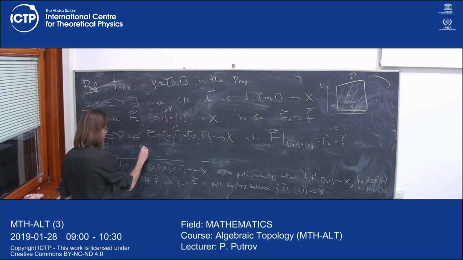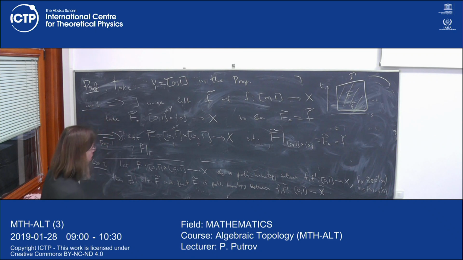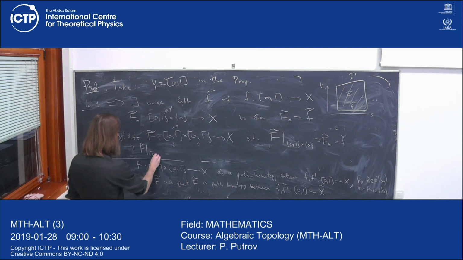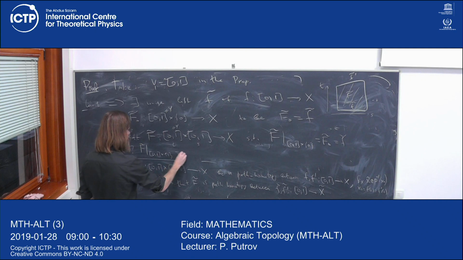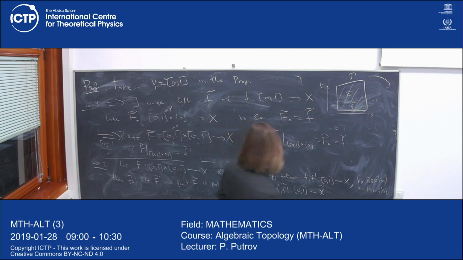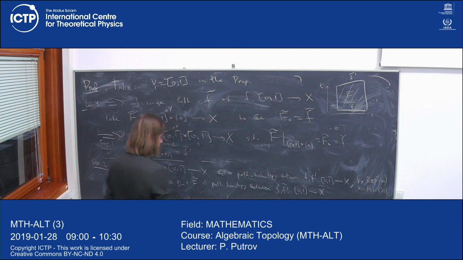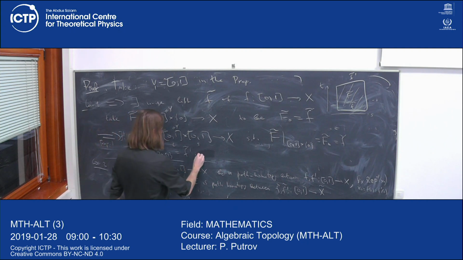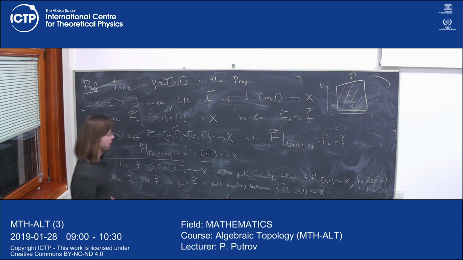So I want to show that F tilde restricted on [0,1] times 1 is f tilde prime, which is a path.